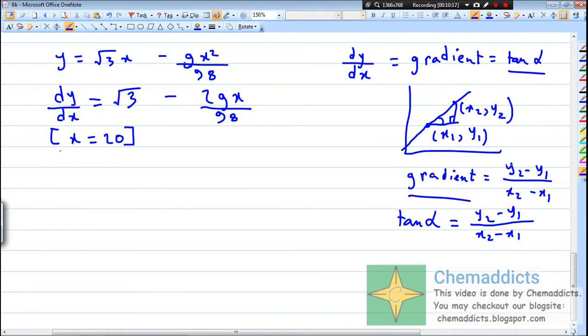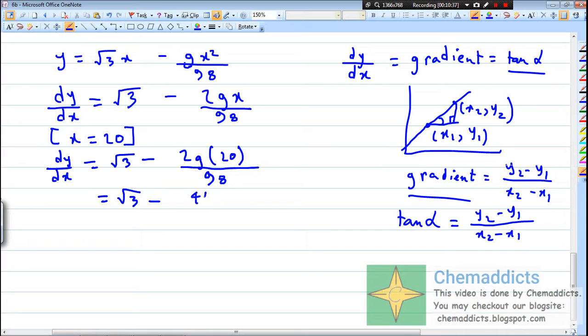So here dy by dx is equal to root 3 minus 2g times 20 divided by 98. So we end up getting root 3 minus 40g divided by 98.